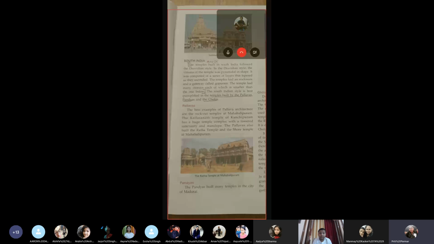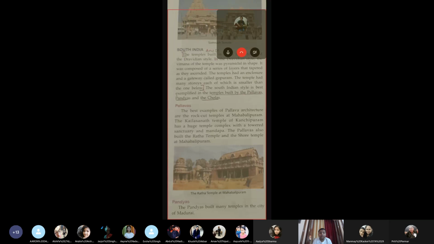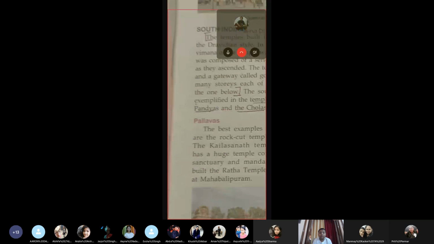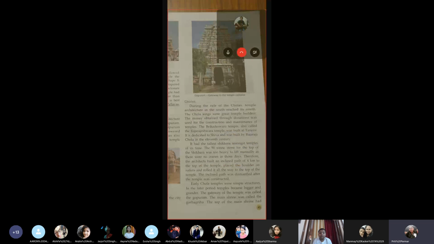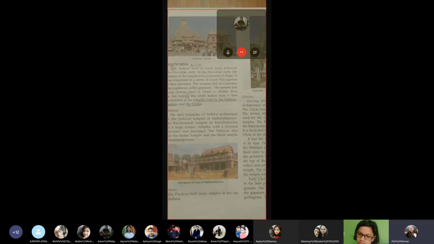And if you can see this particular, where is it? Yeah, they were in a Vimana. Vimana of the temple was pyramidical. Pyramidical means in a shape of a pyramid. That means a triangular structure was there. Clear? And they were built in pyramidical structures. So, in shape.